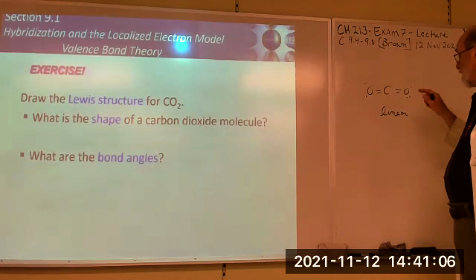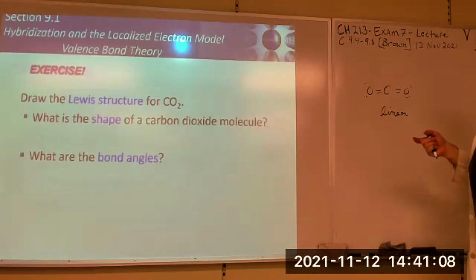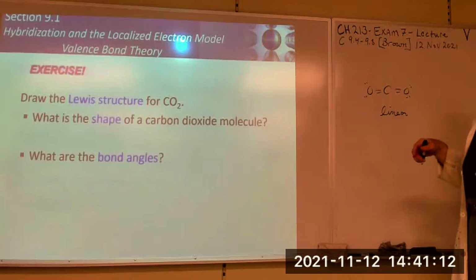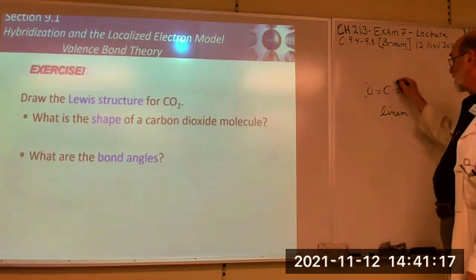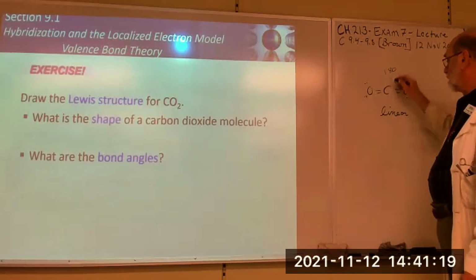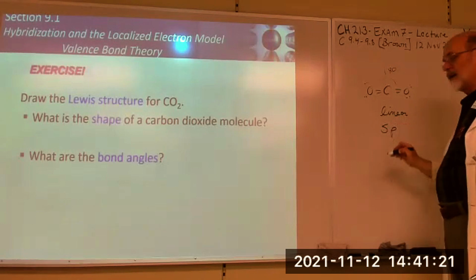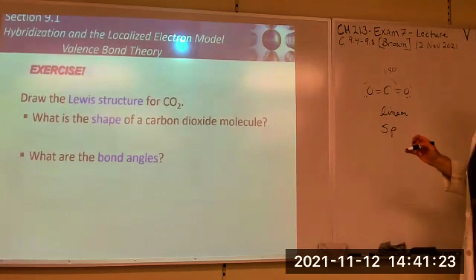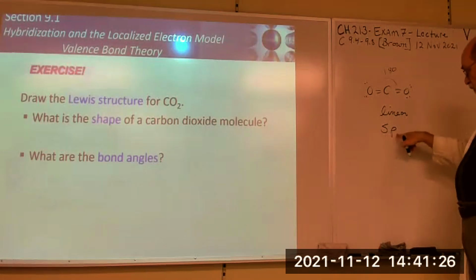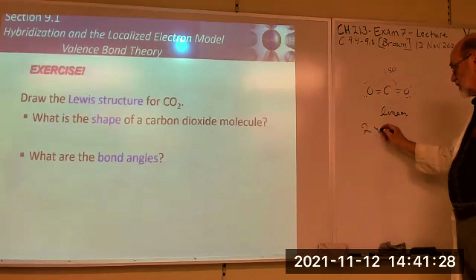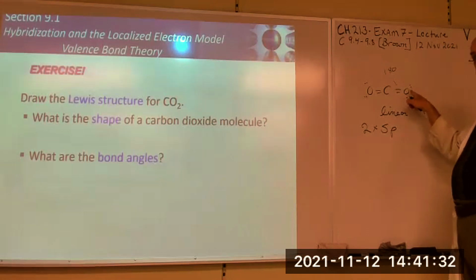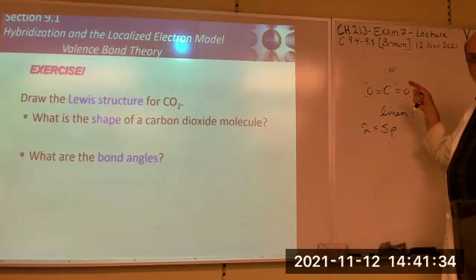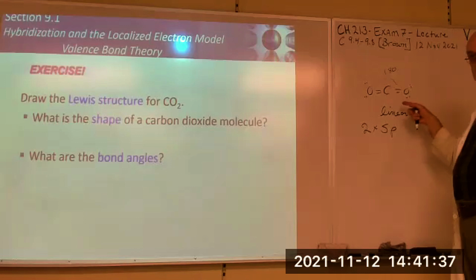Well, linear only needs two hybridized orbitals at opposite ends, 180 degrees. So we only need to hybridize an s and a p to give us two. One s and one p gives you two sp orbitals. So we've got one bonding with this oxygen, one bonding with that oxygen. That gives you the linear structure.